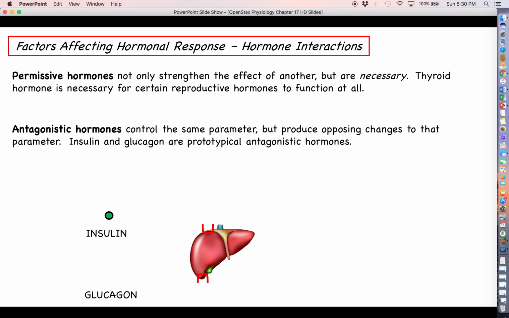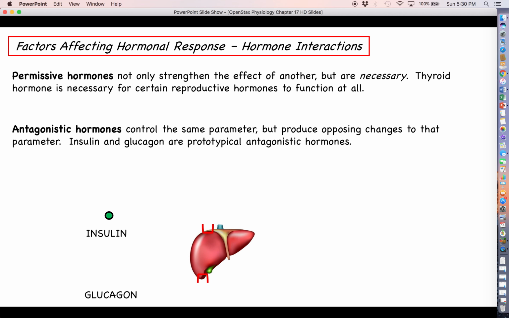So permissiveness is going to sound an awful lot like synergism, but it's not quite the same. Permissive hormones will strengthen the effect of one another, but the difference is that with synergism, each one of those hormones all by themselves was still able to do their job, they just didn't do their job very well. With permissiveness, you have to have these hormones together, or individually they're not going to do anything for you.